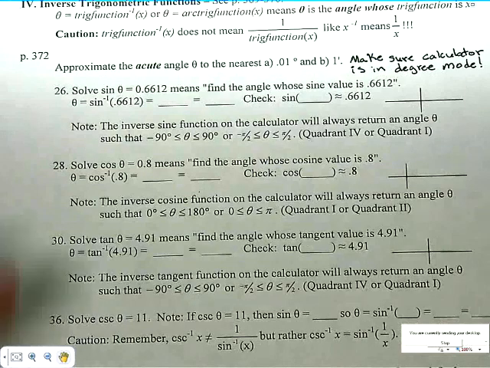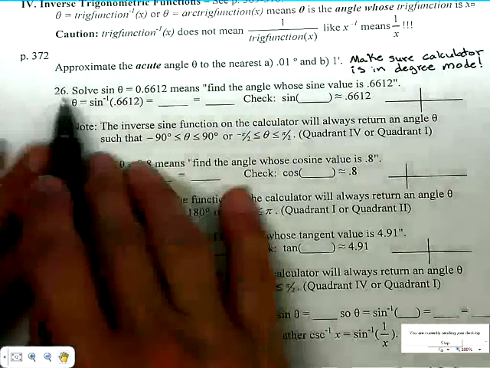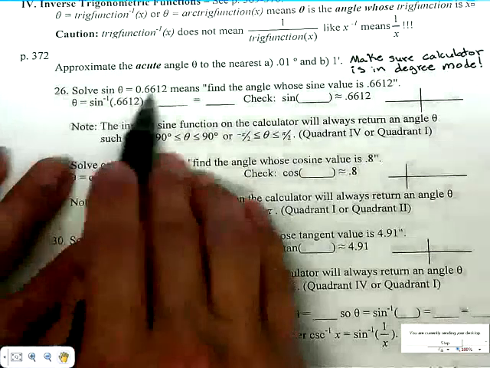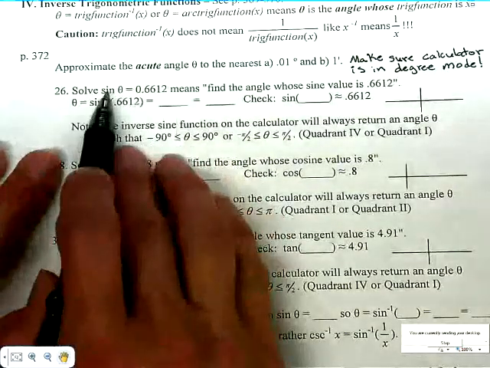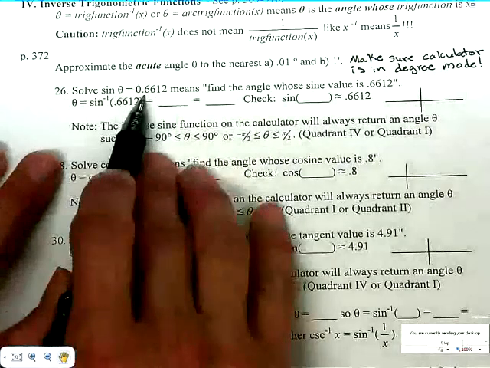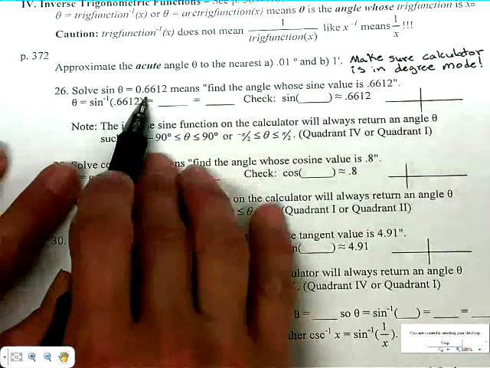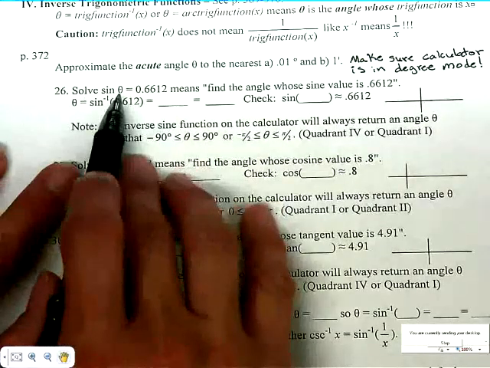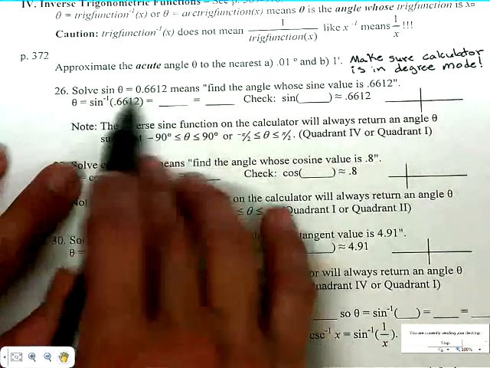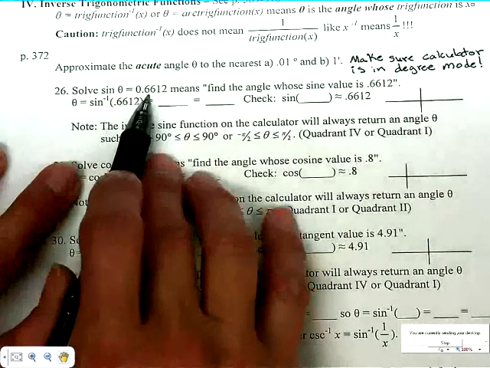All right, number 26 says solve sine of theta equals 0.6612. That means find the angle whose sine is 0.6612. There are actually two angles on the unit circle where sine would be this number. Sine is the y-coordinate.